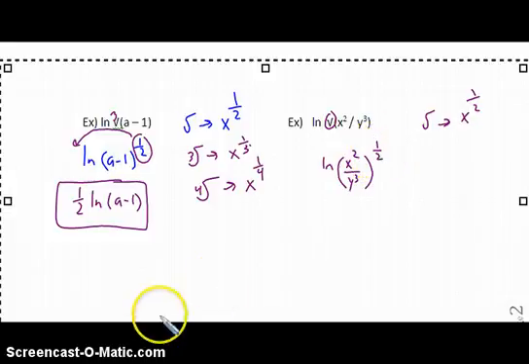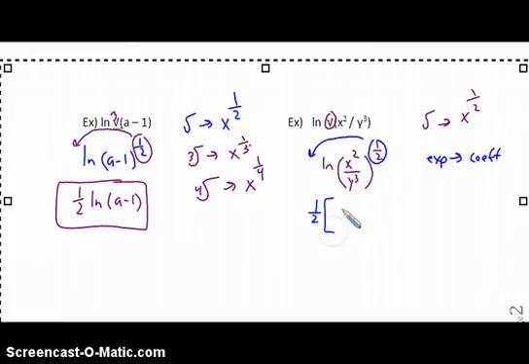So if I'm going to change this to put it out in the front to write the exponent as a coefficient, then I want to write it as 1/2 and then a parenthesis or a bracket of the natural log of x squared over y to the third, because this 1/2 is going with both of these terms.